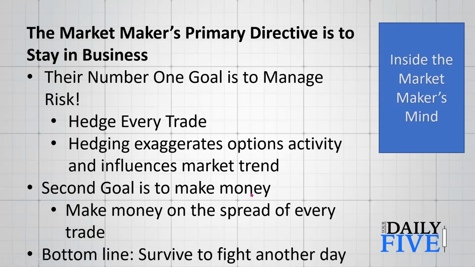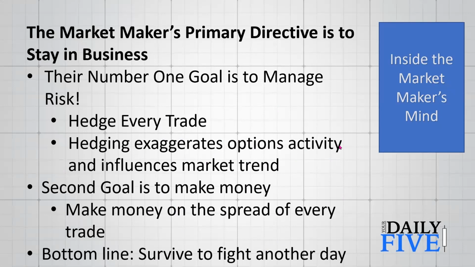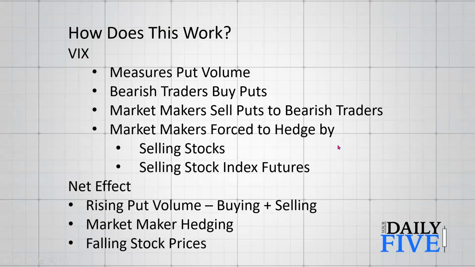So their second goal is to make money. They make money on the spread of every trade. So when they stay in business, they can make money, and what they do is they survive to fight another day. So how does this all work? All right, let's review. The VIX measures put volume, buying and selling. So what happens in a bear market or in a market where people get fearful is that bearish traders buy puts.